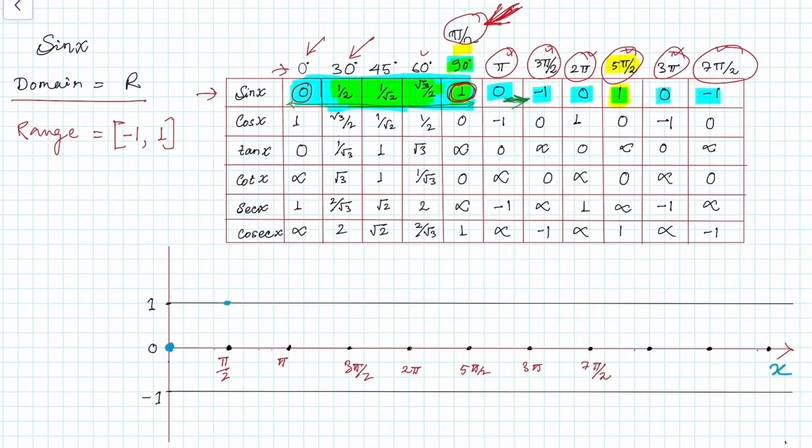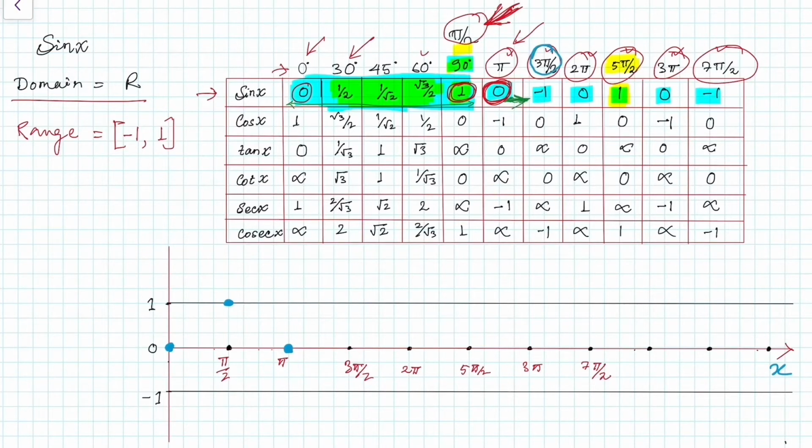So at pi by 2 its value is 1. Then again at pi, sine x is 0.